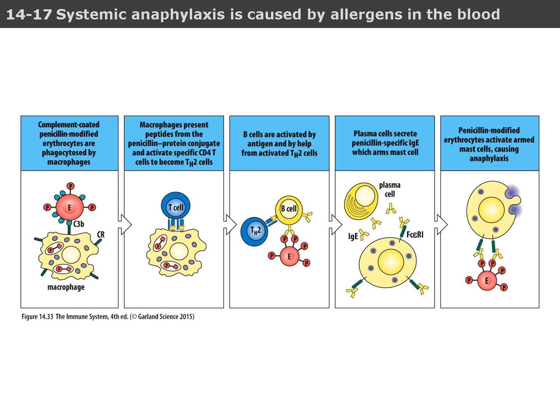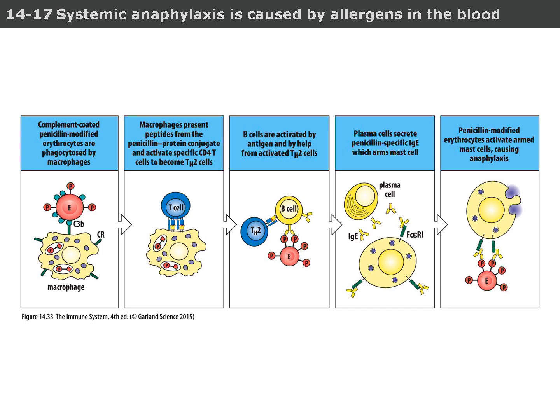Complement-coated, penicillin-modified erythrocytes are first recognized and engulfed by macrophages. These macrophages then process and present peptides from the penicillin protein conjugate on MHC class II molecules, activating CD4 T cells to differentiate into Th2 cells. The activated Th2 cells, in turn, stimulate B cells that recognize the same antigen.